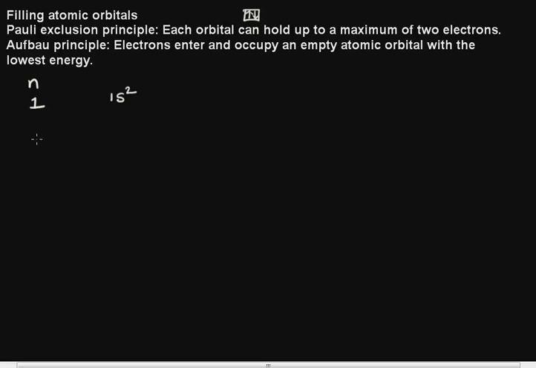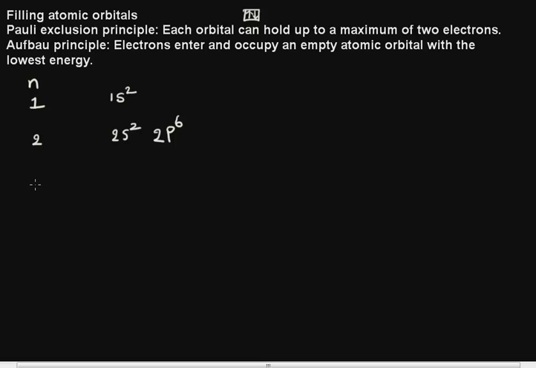Similarly, if I have my second shell, I can have 2 subshells, 2s and 2p. 2s can accommodate a maximum of 2 electrons, and 2p can take up to 6 electrons. It could be less than 6, but it cannot be more than 6.